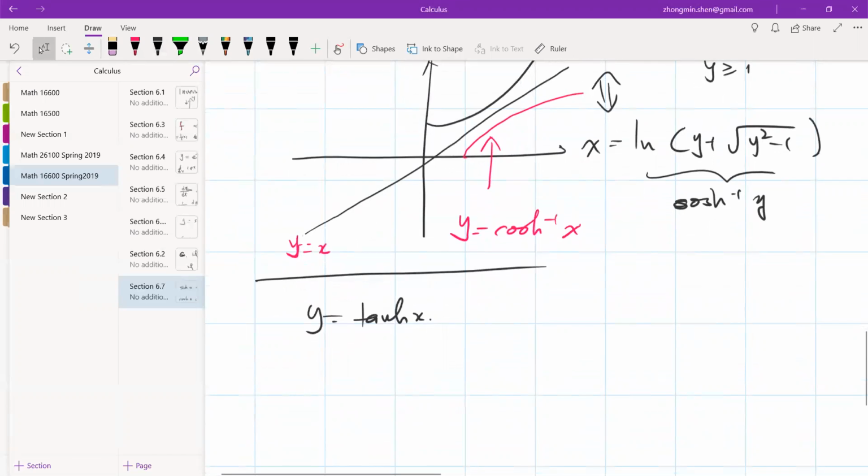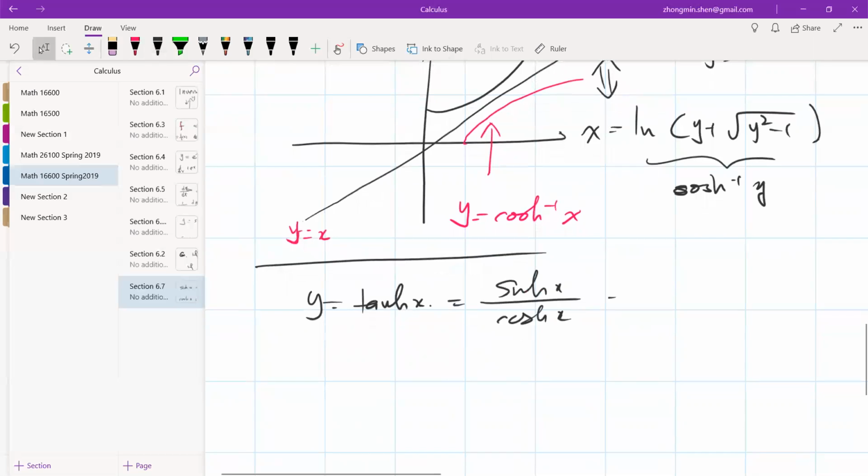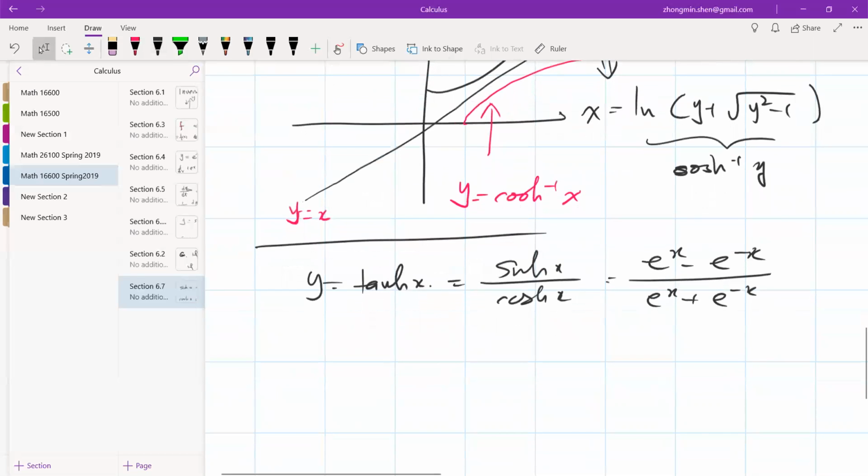It is defined, by definition, as hyperbolic sine x divided by hyperbolic cosine x. Now after simplifying, clearly when x approaches infinity, this approaches 1.